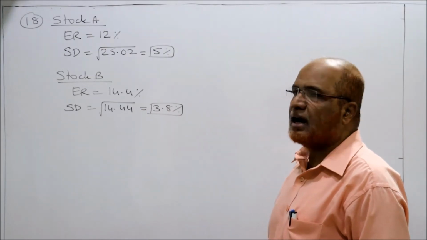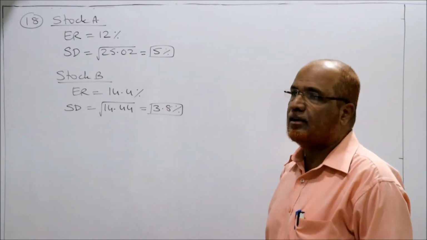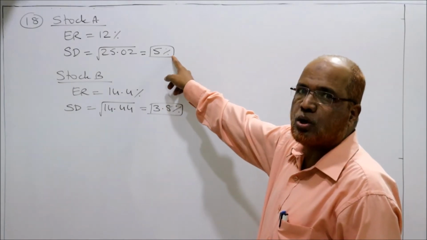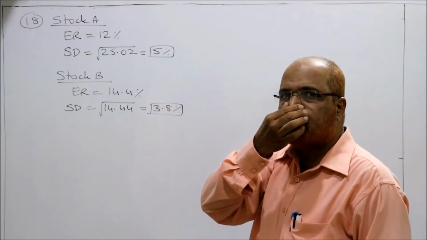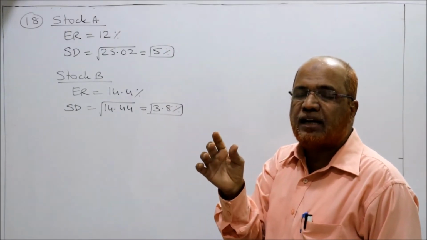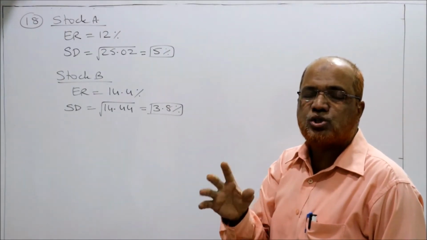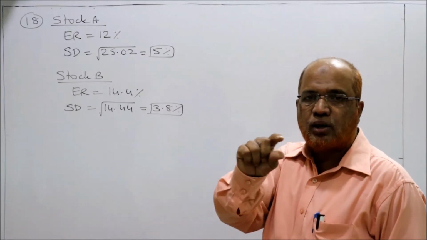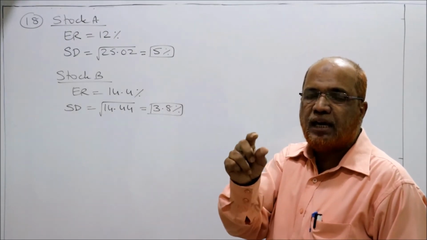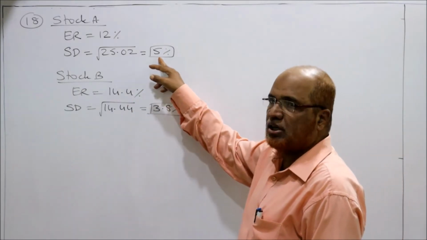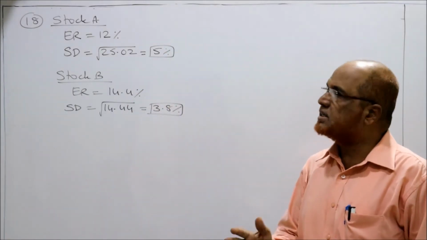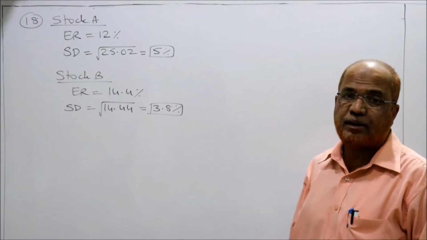Which stock has the higher standard deviation? Stock A, 5%, and stock B, 3.8%. So wherever the standard deviation is higher, that stock is riskier. So the conclusion: stock A is more risky since its standard deviation is high, 5%.